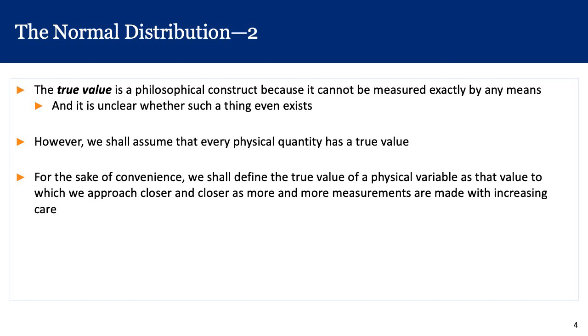But we are going to ignore these philosophical issues. However, we'll assume that every physical quantity has a true value. And for the sake of convenience, we'll define this true value of the physical variable as that value to which we approach closer and closer as more and more measurements are made with increasing care.